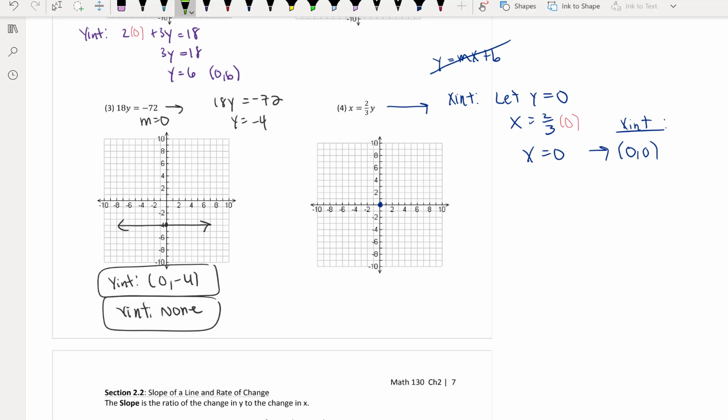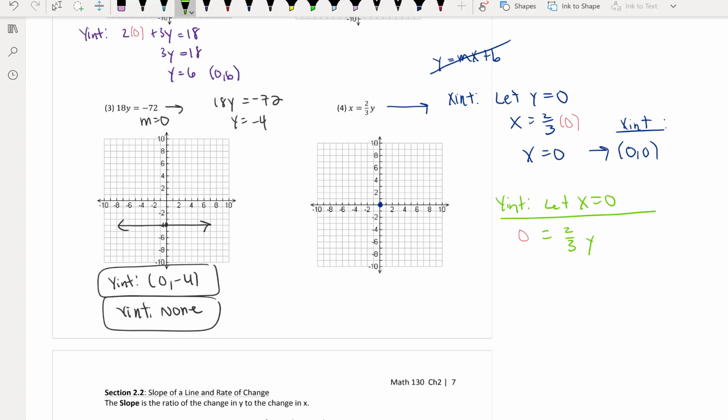Now, I'm going to try to find my y-intercept. So that's going to let my x value equal to 0. So my x value is 0, and I have 0 is equal to 2/3 y. So then for this one, I'm looking at it, and I'm like, okay, well, what is going on?